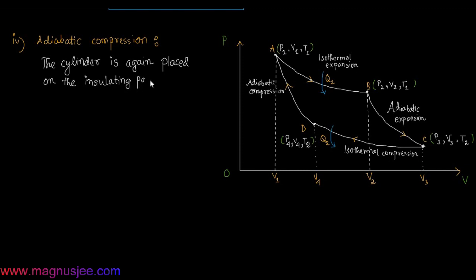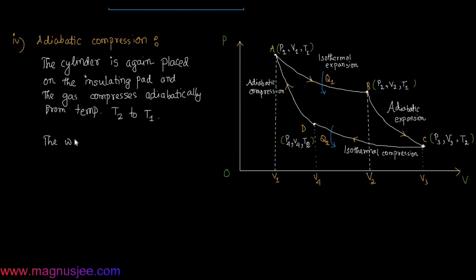That means the cylinder containing ideal gas is moved from the sink at the absolute temperature T2 to the insulating pad, so that the base of the cylinder is in contact with the insulating pad, and the gas compresses adiabatically from the temperature T2 Kelvin to T1 Kelvin.